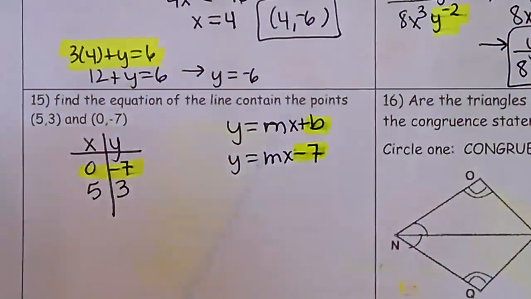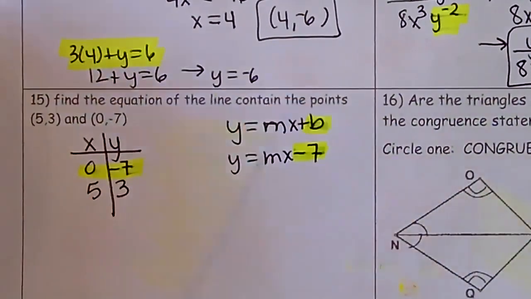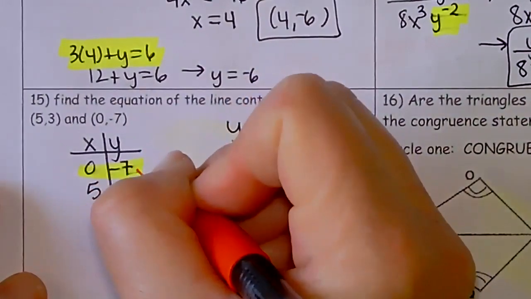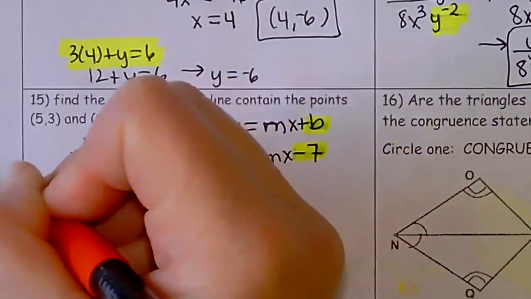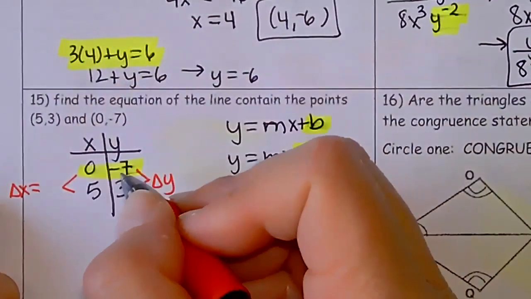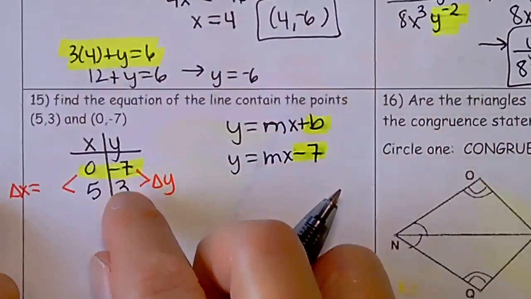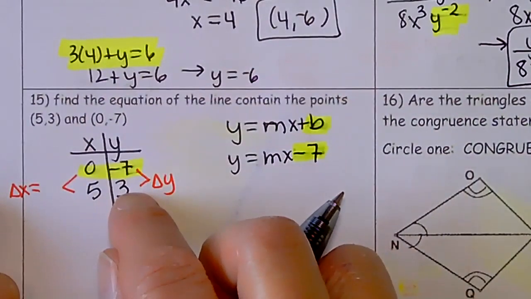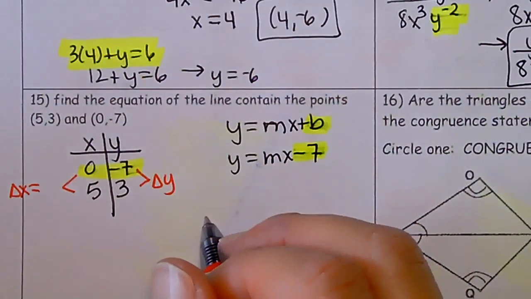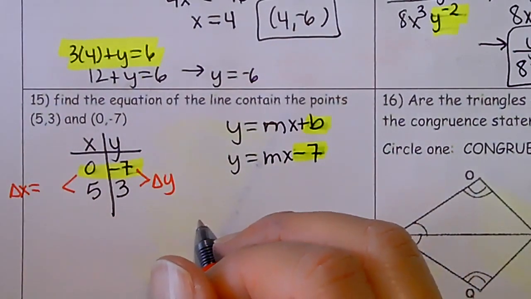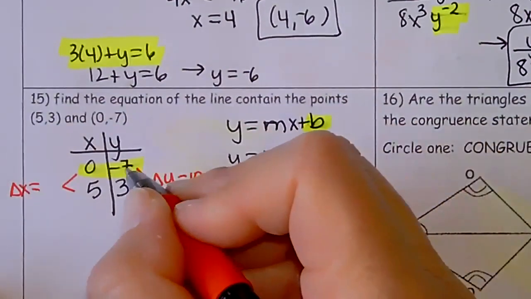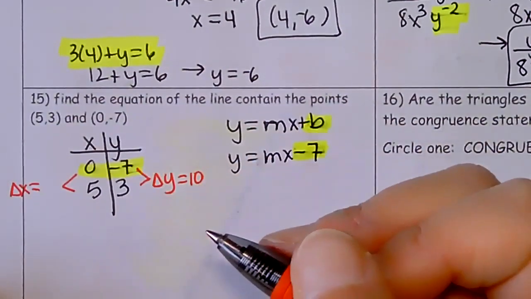Now, my slope, what I can do is I can look and find my change of y and find my change of x. So my change of y, what am I doing to negative 7 to get to 3? Well, I'm going from negative 7 on the negative side of the axis to positive 3. That's actually 10. Okay, I can add 10 onto this and I get 3.